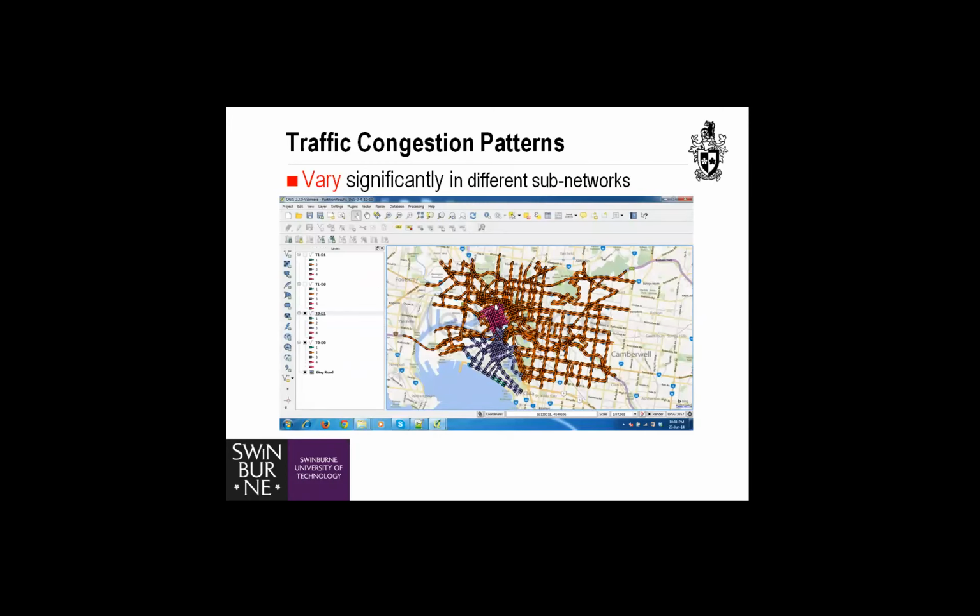Here in the slide, I have shown the road network of Melbourne, which is partitioned into 4 different sub-networks. We see that there is one big partition, and in the CBD there is one small partition which is highly congested at a point of time.